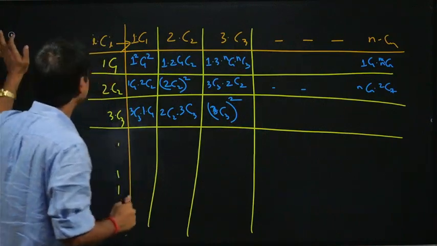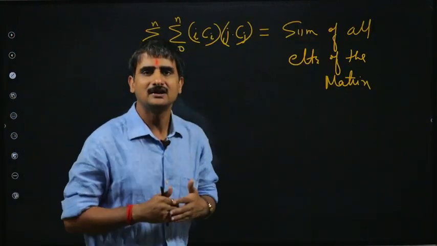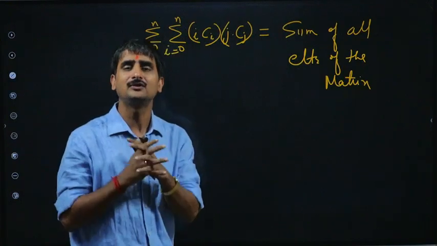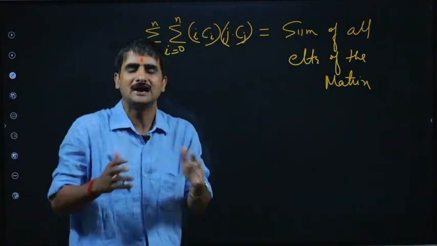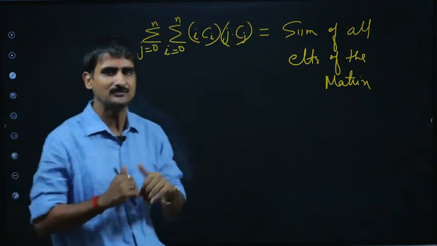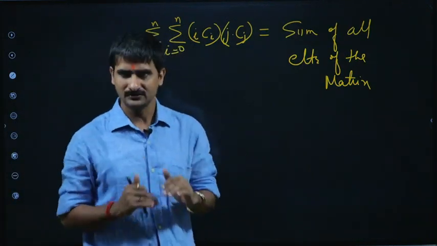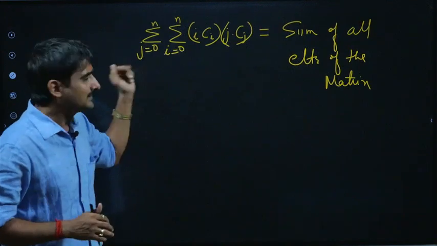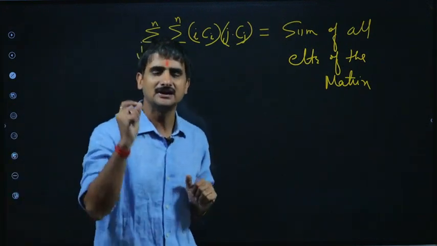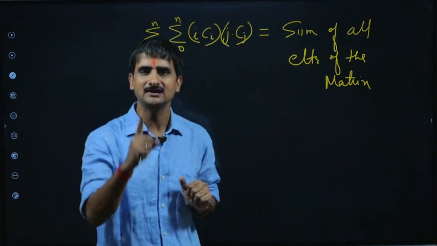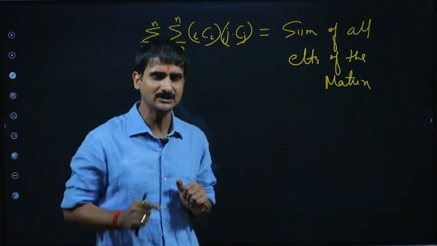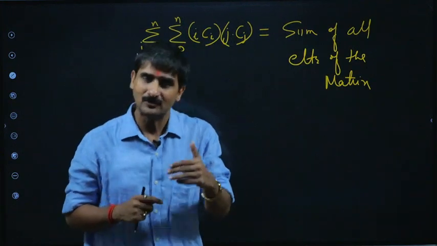And how can you check it? See, if anyone has any doubt regarding this, what you can do is just start with i equal to 0. j equal to 0 won't be of any value, because 0 into 0 is 0. Okay, so start with 1. So let's say I assign the value of i as 1. Okay, then j will take values from 1 to n.